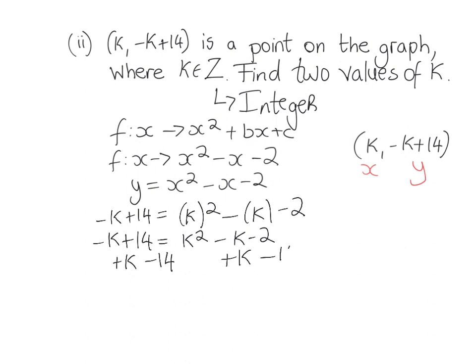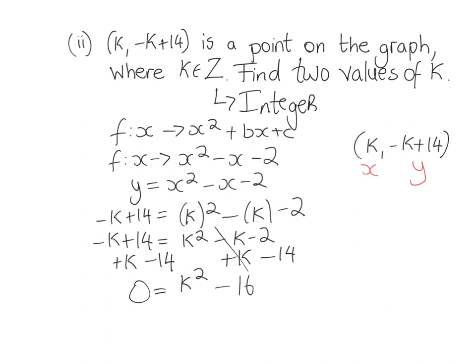So this will be 0 on the left, and we'll be left with k squared, and then minus k plus k will give us 0k, so I'm just not going to write that there. And then we have minus 2 minus 14, which is minus 16.